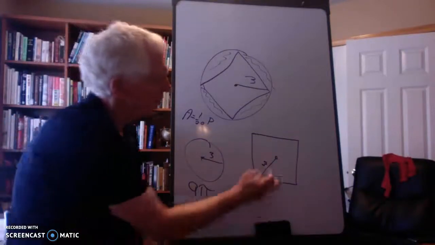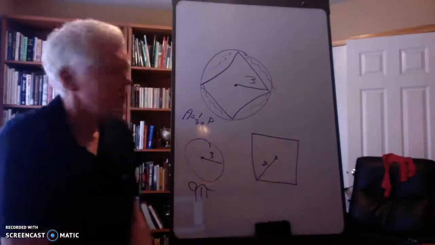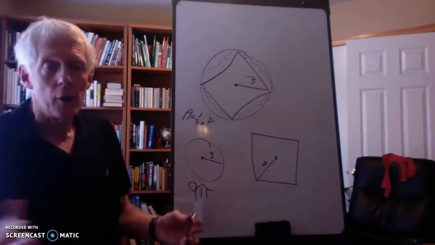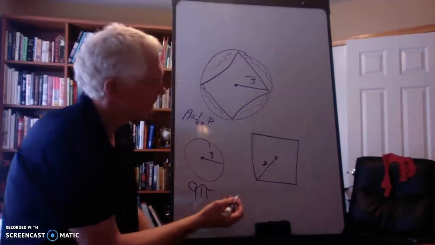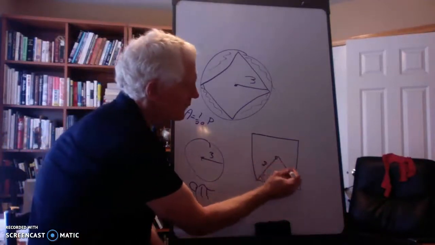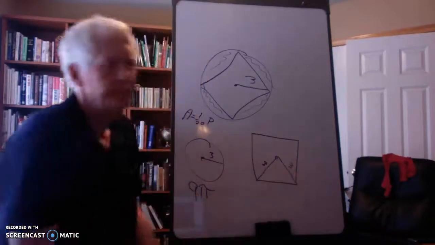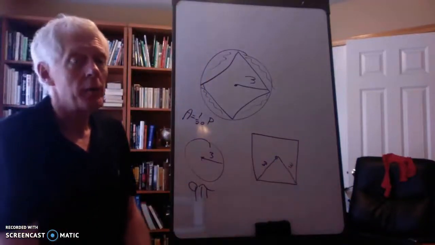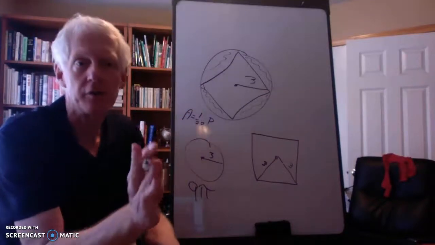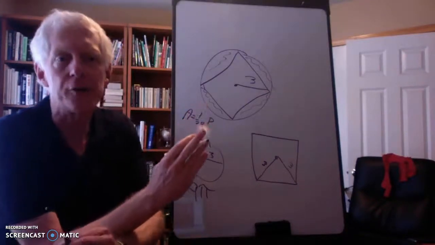So the length here is 3. We've got to figure out the area of this square. How do I do that? Well, if this is 3, this is 3. Being a square, the diagonals bisect each other at 90-degree angles.